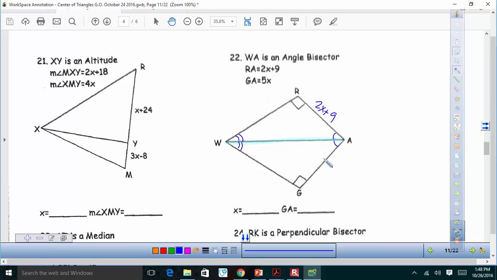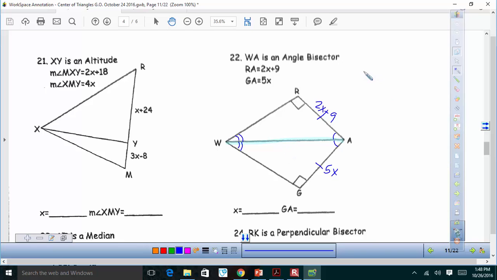And then it tells me GA, this length right here, is 5x. Okay? So remember on the first couple problems we did, we said if the angles are congruent, that implies the sides across from them are the same. So that means RA is the same as AG because they're the sides across from the angles.